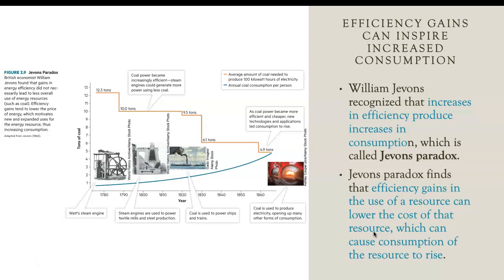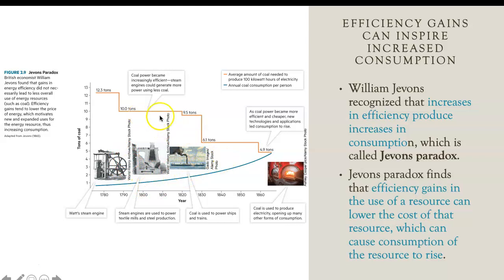Now, let's look at efficiency and consumption. So the steam engine was invented by James Watt, and he rented his steam engines to other people. The economist Jevons discovered that when the fuel efficiency went up, actually there was more use of the steam engines.